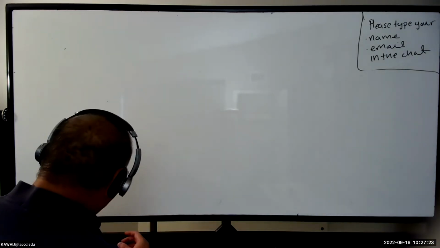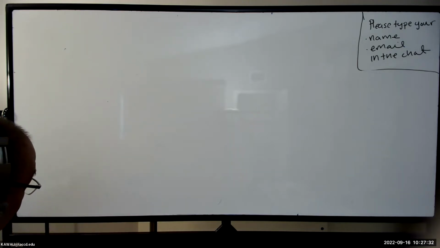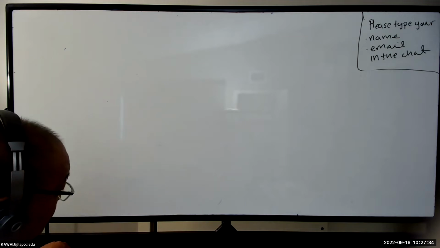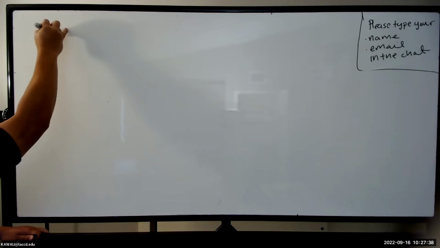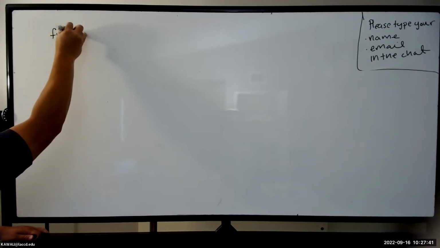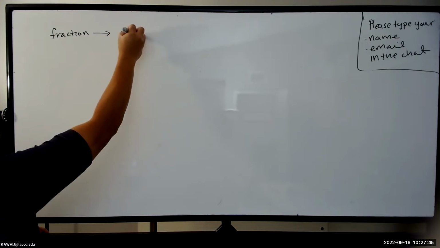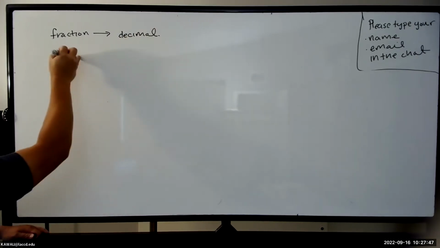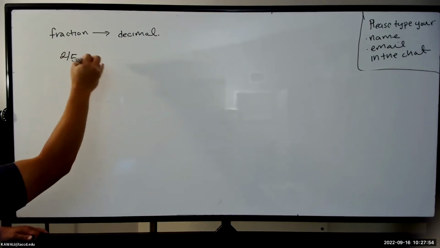So let's first work on doing conversions between fractions, decimals, and percents. So if we look at fraction to percent decimal. Okay, so let's say I have 2 over 5.